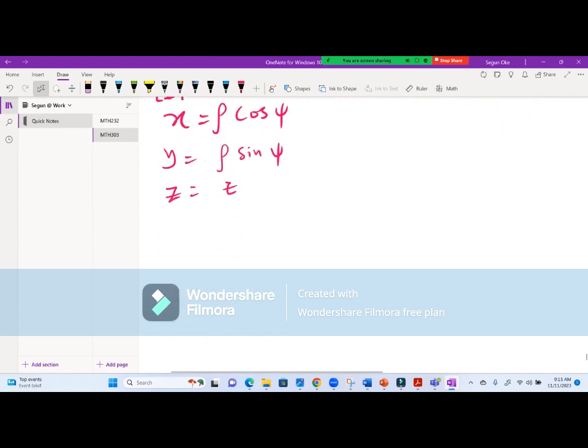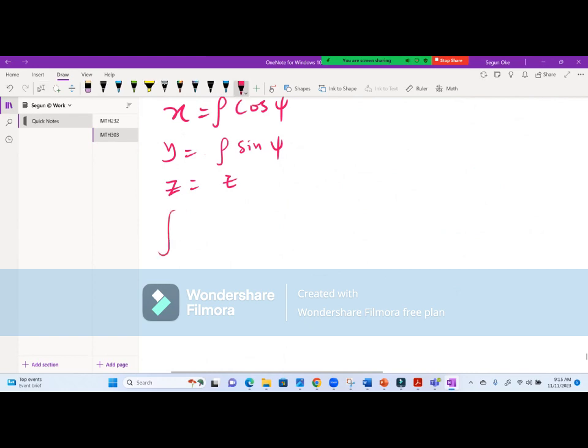So if you want to substitute it now, what do we have? We are going to have our integral, which we change: 0 to 3 for our z. Because we already changed, only z will remain.